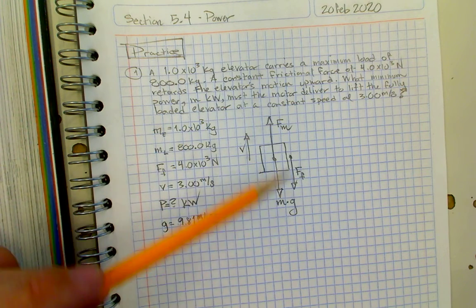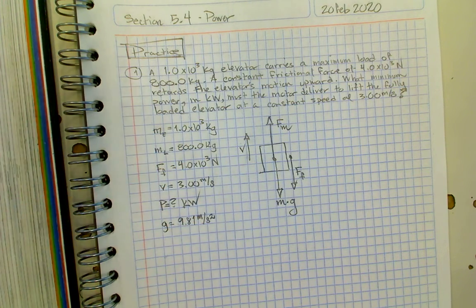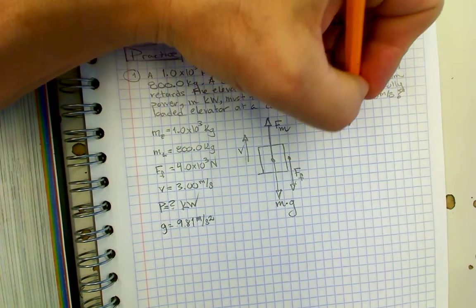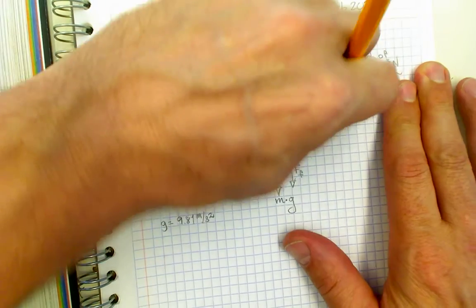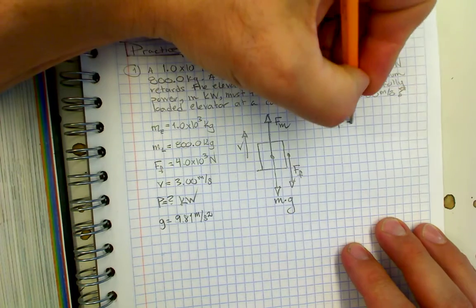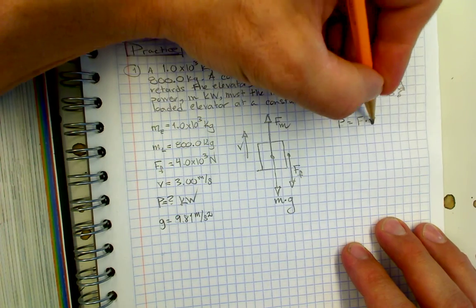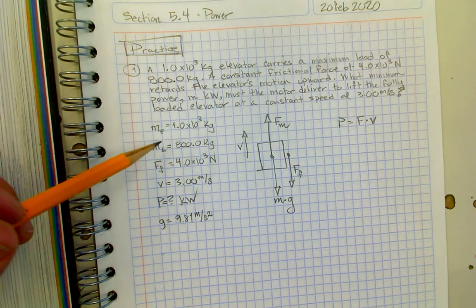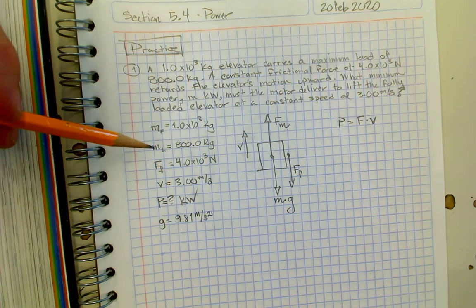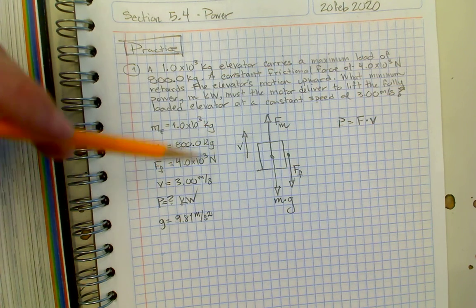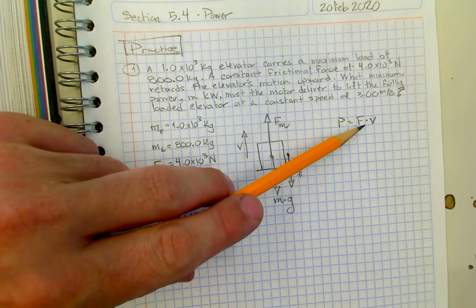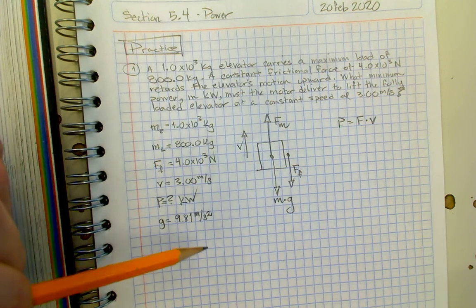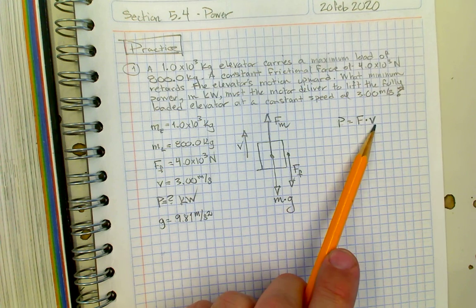But in this problem, I want this relationship: the power is equal to the force times the velocity. The reason is because I'm not told that a certain amount of work is done. I'm not told that there's a force acting over a particular distance and we're doing that for a particular time. I'm given a velocity that we're trying to achieve with this elevator, and that comes right into this equation.